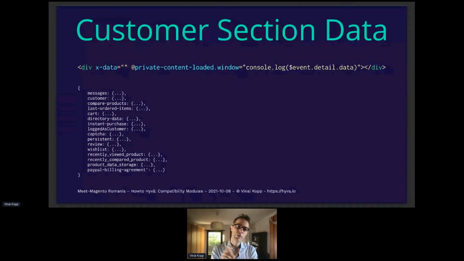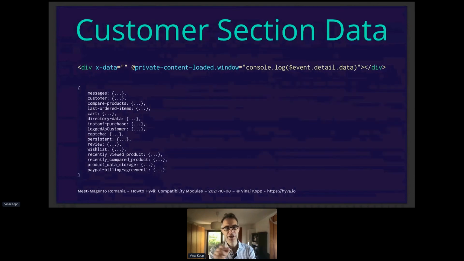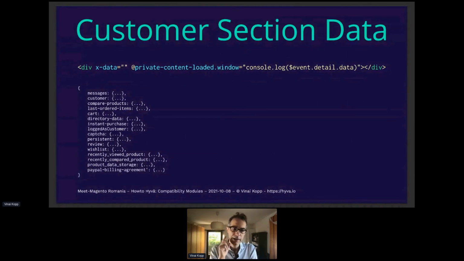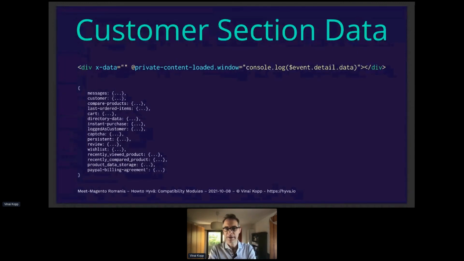In Luma, we would request specific parts of the customer section data. For example, I want the customer and the cart, and each of them is treated as its own little thing. And we would add observers there or, usually with Knockout, use them in Knockout bindings, so it automatically re-renders whenever these values change, etc.